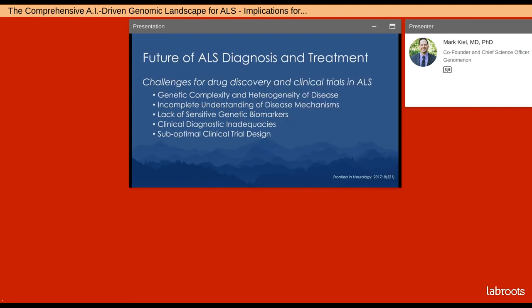There are challenges associated with applying a precision medicine model to these clinical trials.